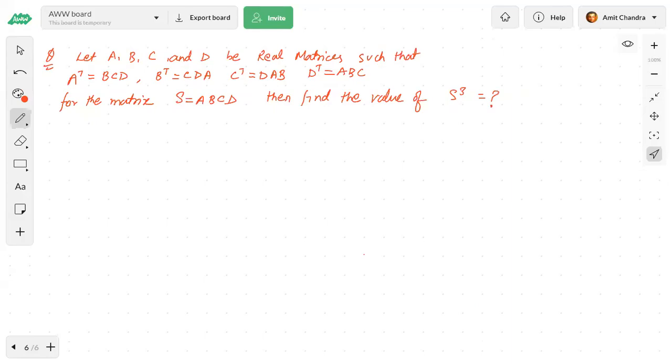Okay, so I'm writing the options. A is S, B is ABCD, C is S square, D is none.